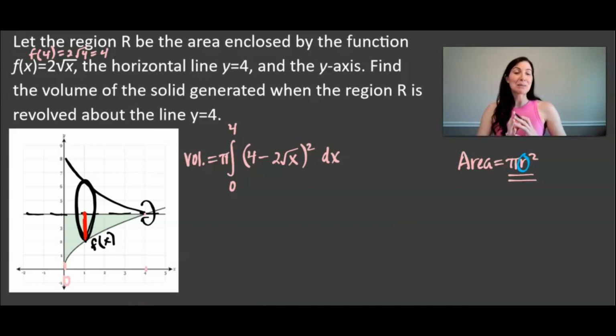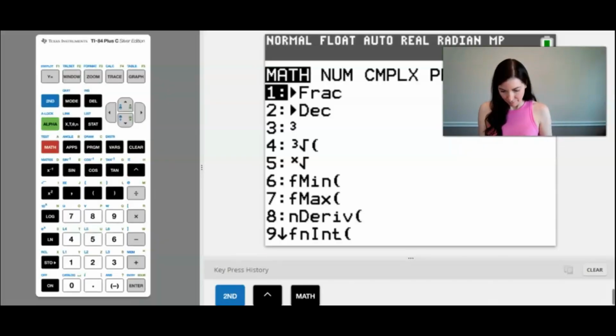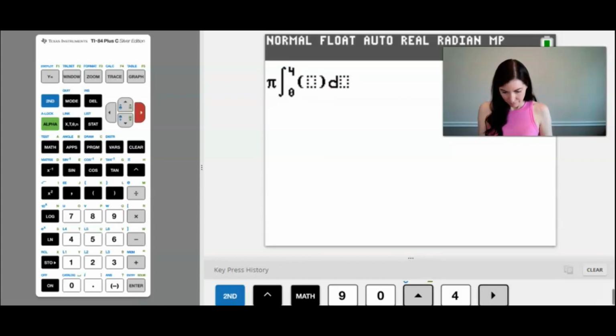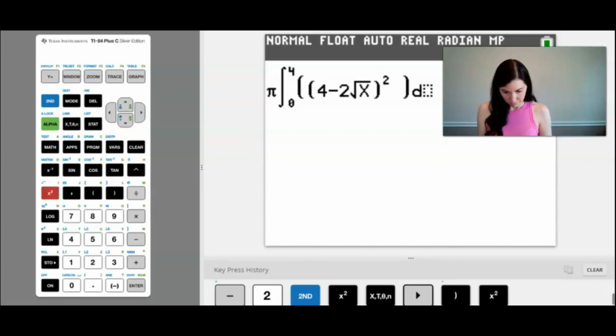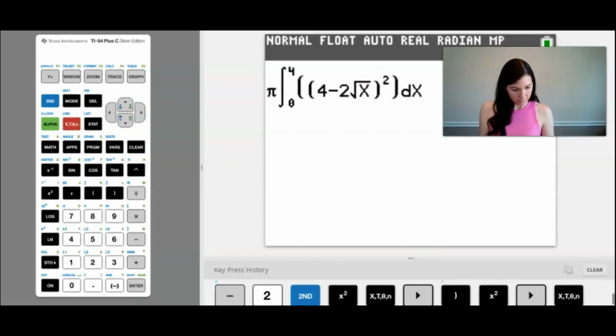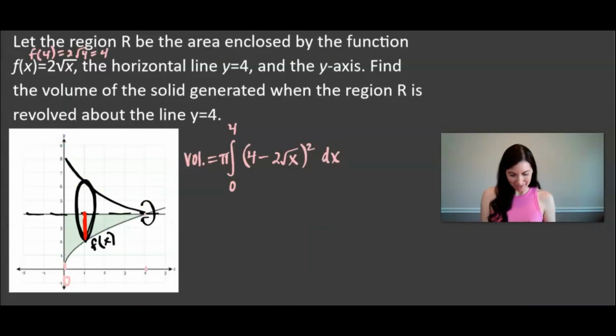From here, I can just plug this into my calculator so that we can get the answer. And there it is, 33.510.